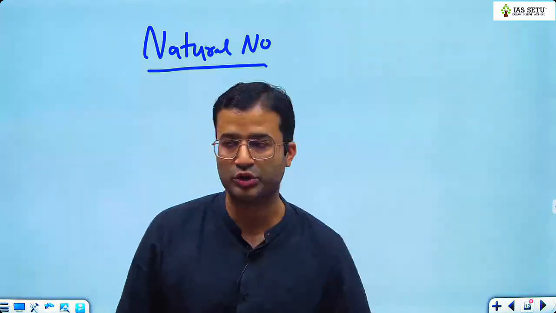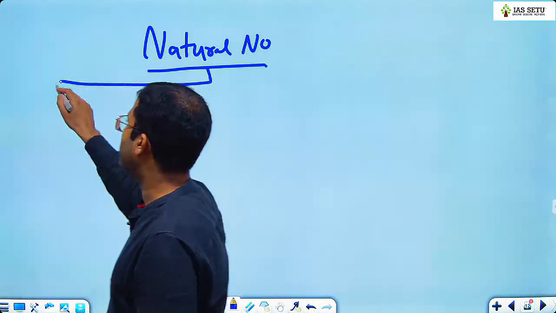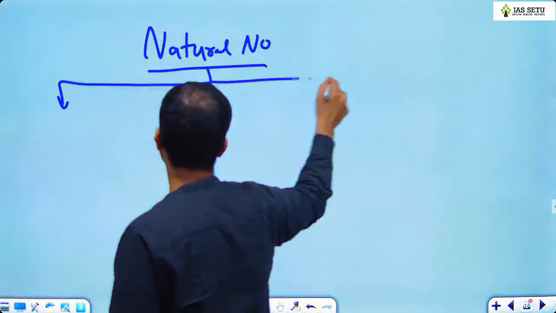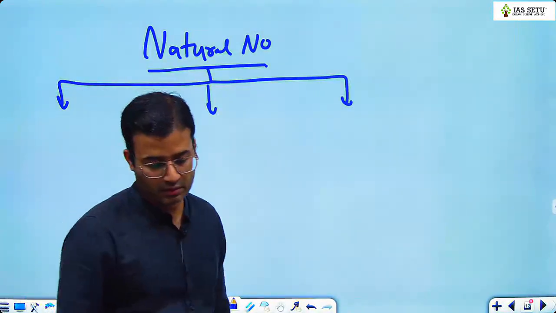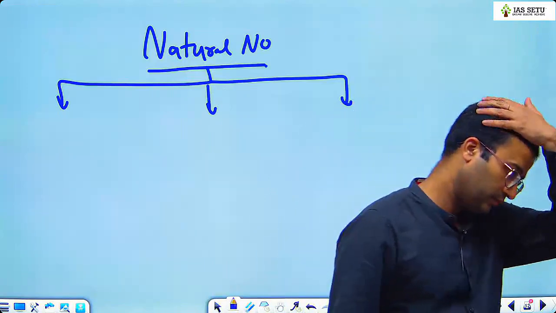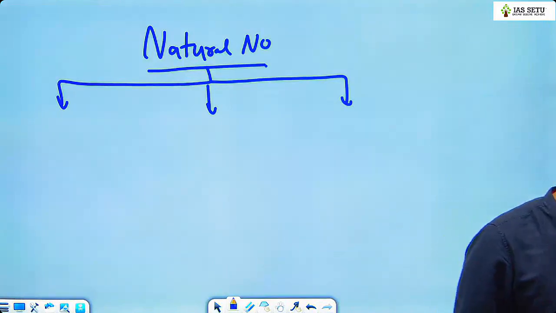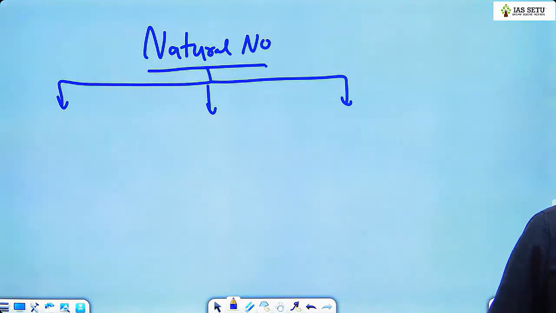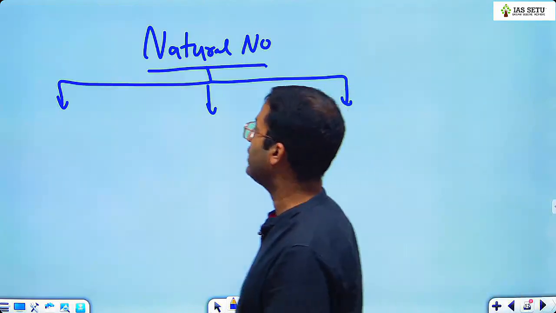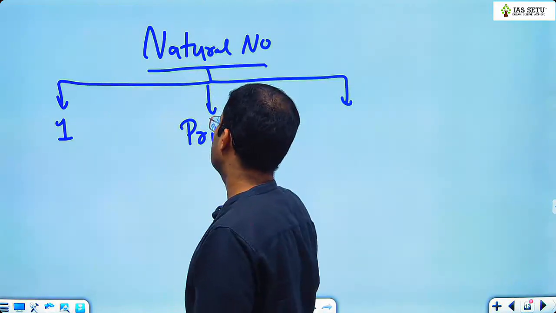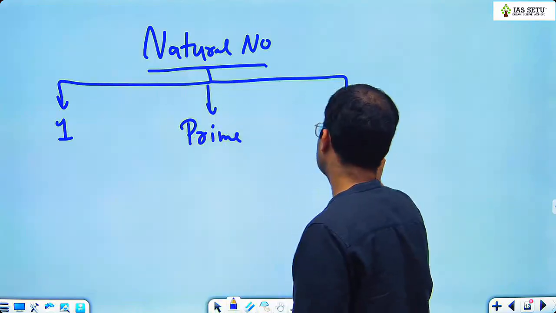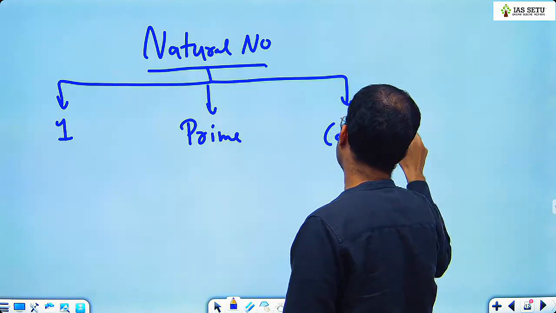One online student asked. Now natural number we categorize. Now I'm starting my new subtopic, natural number. Natural number we categorize in 3 part: 1, prime number, composite number.